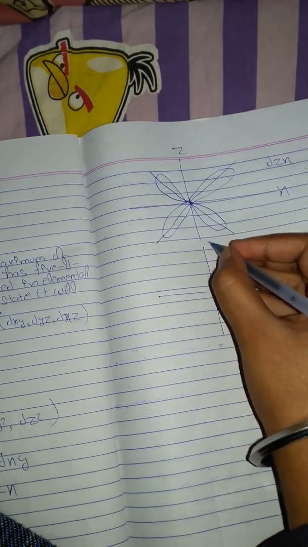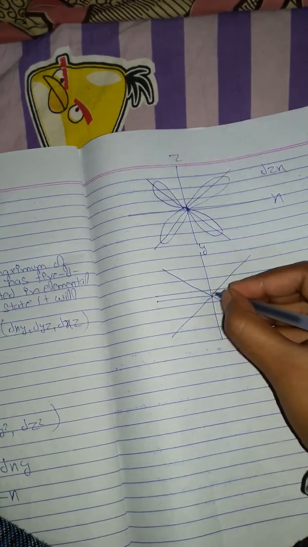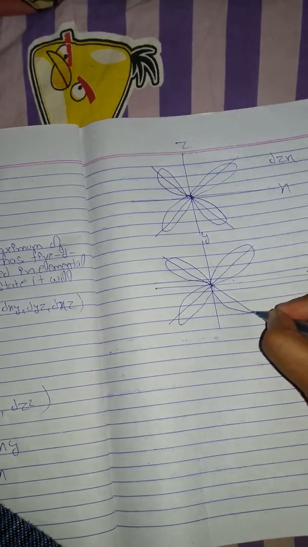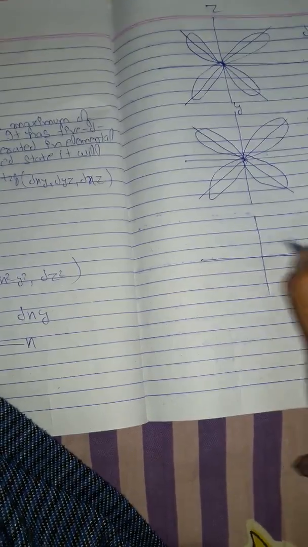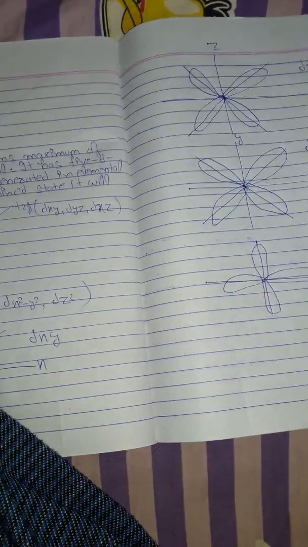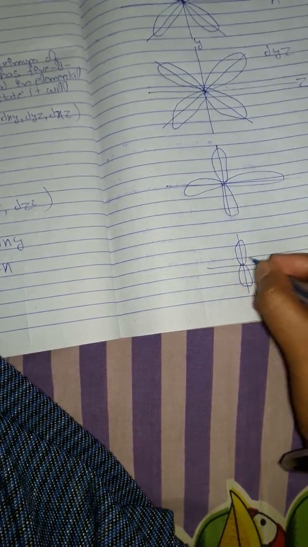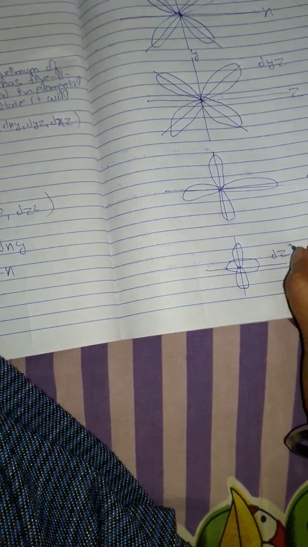And this is dyz. And this is dx square minus y square. And this is the shape of dz square.